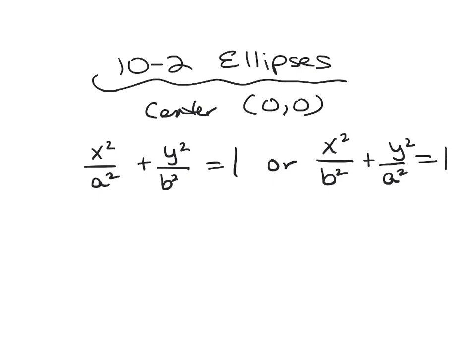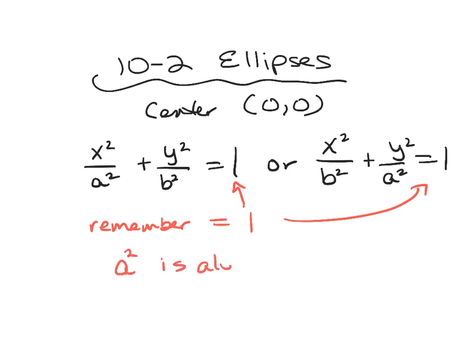Key thing to remember is we need to fix the equation because it always has to equal 1. So this has to be a 1 here. If it's not, we need to divide to fix it in the correct form before we can begin. For the ellipse, the a squared is always the bigger number.